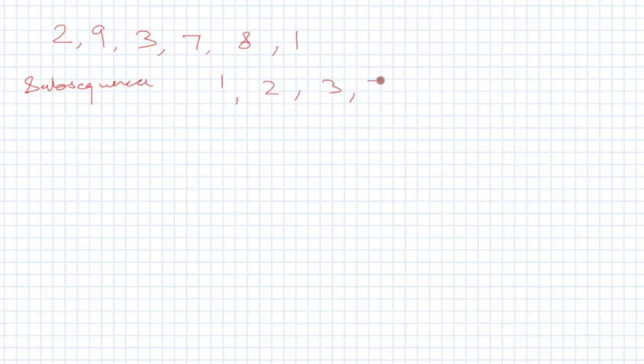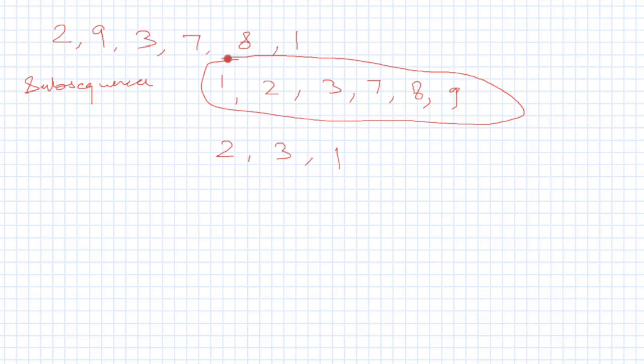So let's look at some example of what they basically mean by a subsequence. Let's say, sorry, let's make it 8. So this is an array. If you talk about a subsequence, so if we have this, and if we have this, okay. So these elements are nothing but the increasing order or sorted form of this particular array.